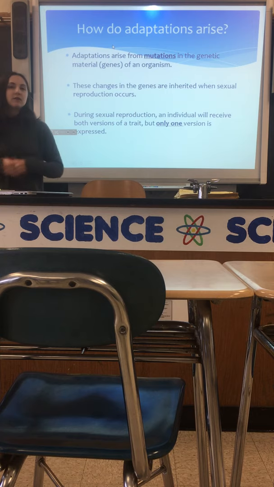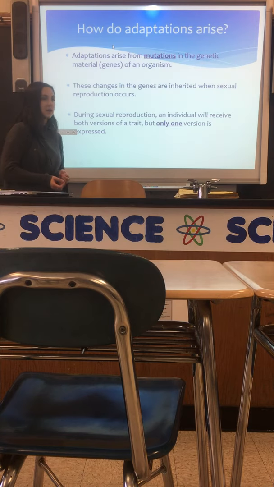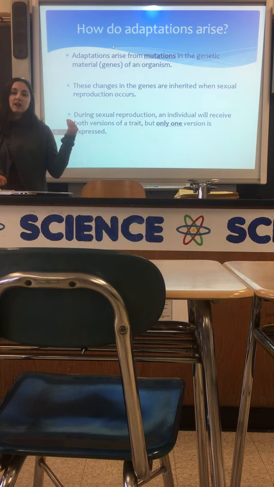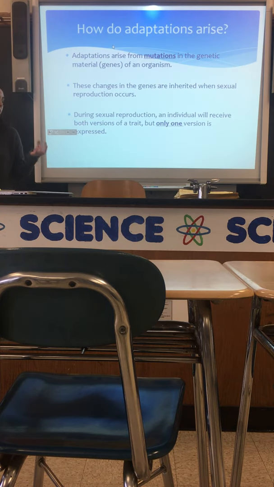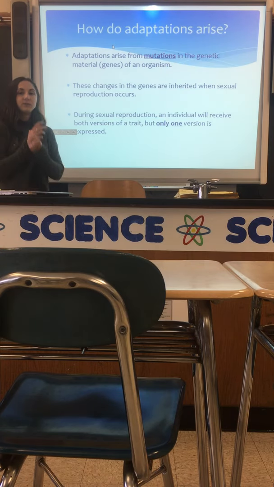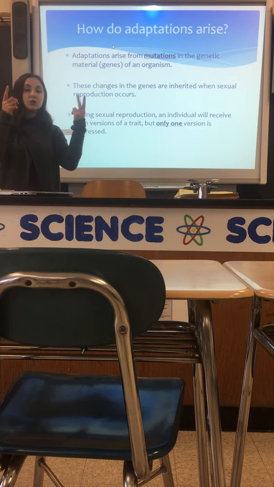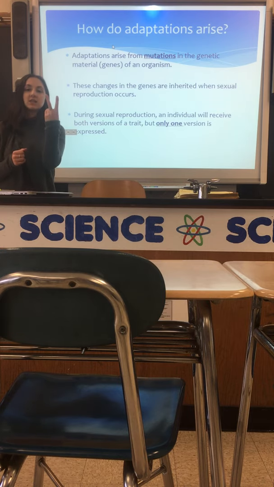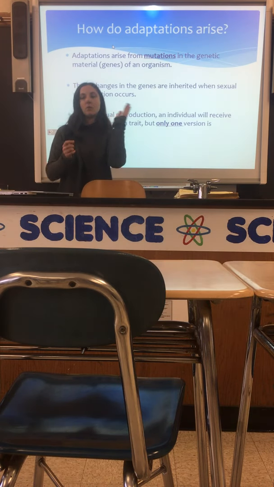So how do they arise? Adaptations arise from mutations in the genes of organisms. These changes in genes are inherited through sexual reproduction. During sexual reproduction, an individual will receive 2 different genes, one from each parent.